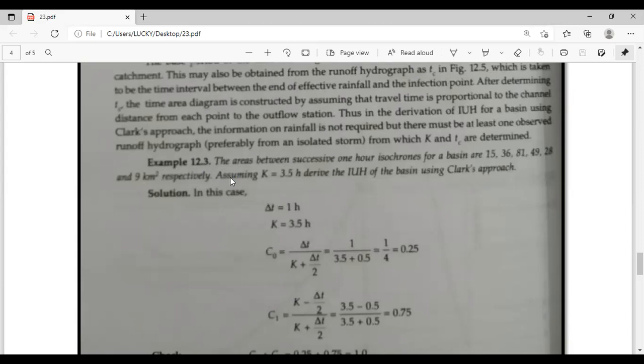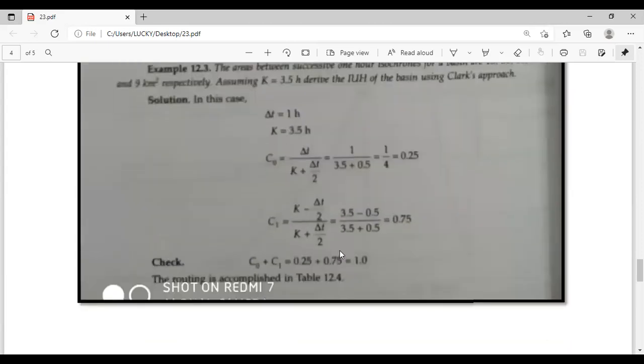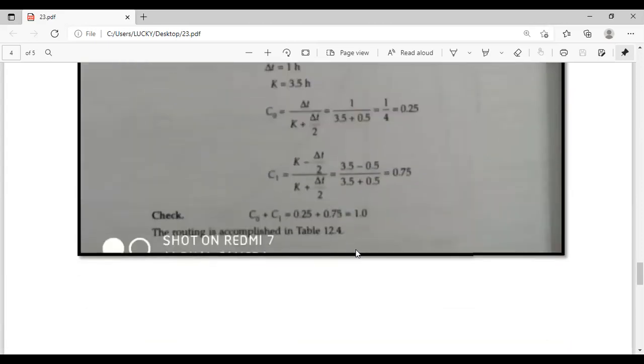That is the C naught, where C1 is equal to K minus delta T by 2 by K plus delta T by 2, that is equal to 3.5 minus 0.5 by 3.5 plus 0.5, that is equal to 0.75. So check here, C naught plus C1 is equal 0.25 plus 0.75, that is 1.0.